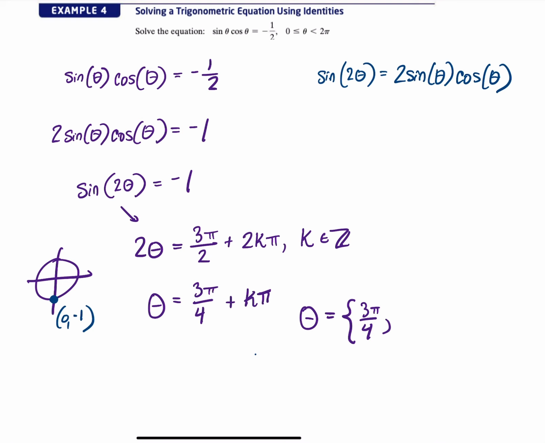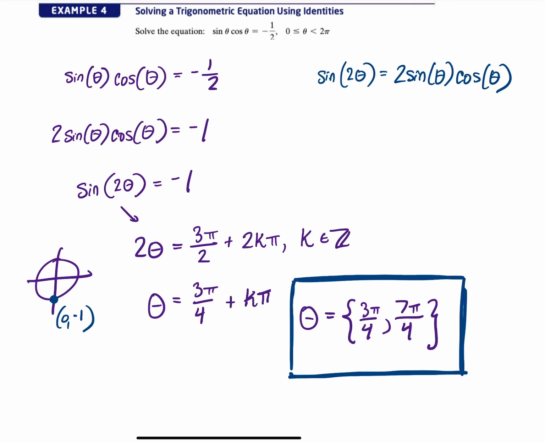And then if we add another pi to that, if we add 4 pi over 4, that will give us 7 pi over 4. So just short of 2 pi, which would be 8 pi over 4. So we'll have to stop there. If we add another pi, we'll be outside of our restricted interval. So we can use these identities in the middle of solving a trigonometric equation as well, in order to simplify things to a form where we can get some solution out of it.